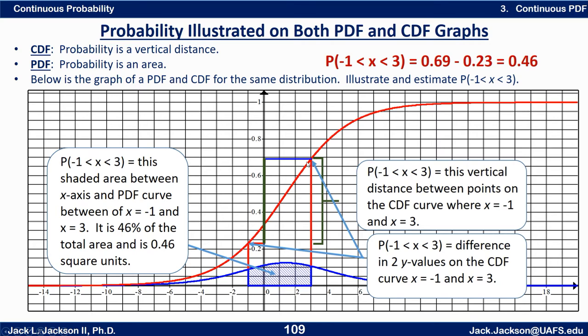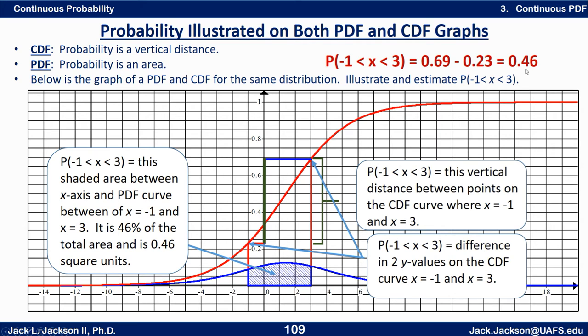Okay, it's actually easier to read off of the CDF, however. What you do is you take the 3 and you go up and find its y value. And you take the -1, find its y value. Subtract those two y values. So this one to me looks like about 0.69 and this one about 0.23.